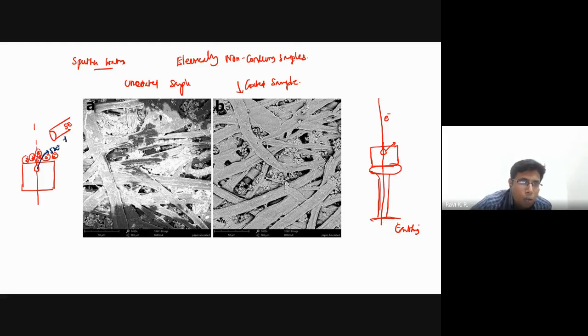You are having a positive bias. This positive bias is pulling the secondary electrons. Based on the number of secondary electrons, you are getting the contrast. Now what can happen is the electrons which are accumulated on the surface can also go inside.